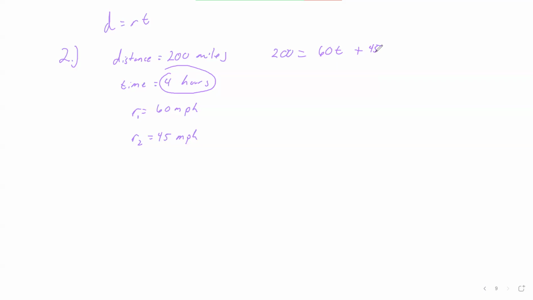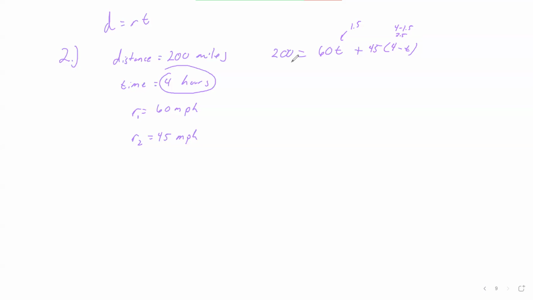So instead, to write an equation, we'll say 4 minus however long I actually traveled at 60 miles an hour. So again, if I knew that this was 1.5, then I would automatically know this would be 4 minus 1.5, and I would have traveled for 2.5 hours if I knew what T was, but I don't. So when I don't know something, I call it a T, and then I'll say 4 minus whatever that T is.